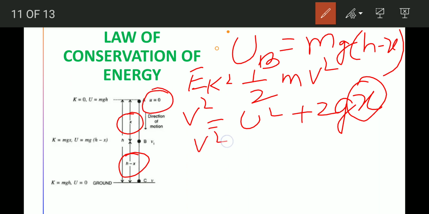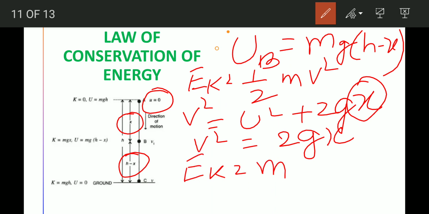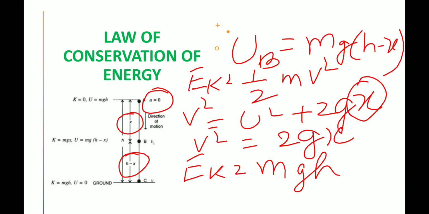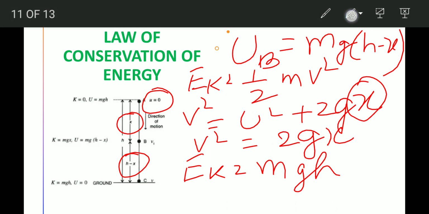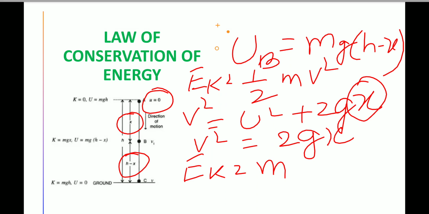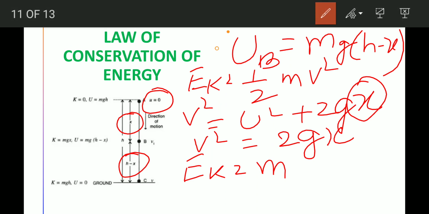So v square is equal to 2gx. On putting the value here, we will get kinetic energy as mgx. This is the value of kinetic energy.